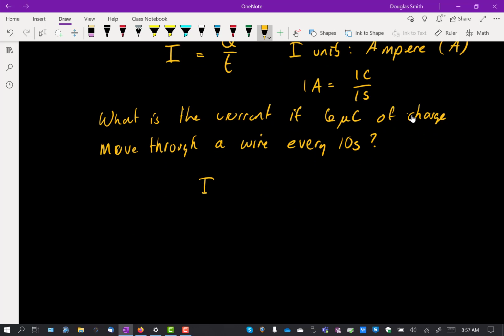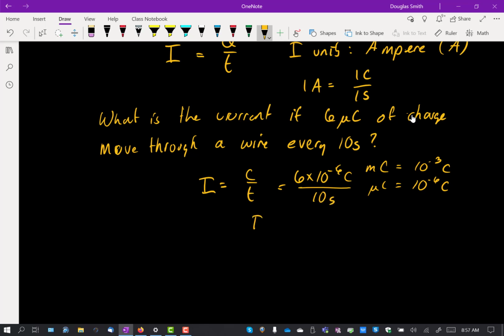So current is C divided by T. Micro is 10 to the negative 6. Just as a reminder, millicoulomb would be 10 to the negative 3 coulomb. Microcoulomb would be 10 to the negative 6 coulombs. So we have 6 times 10 to the negative 6 coulombs divided by 10 seconds. So I equals 6 times 10 to the negative 7 amperes. So that's an example question.